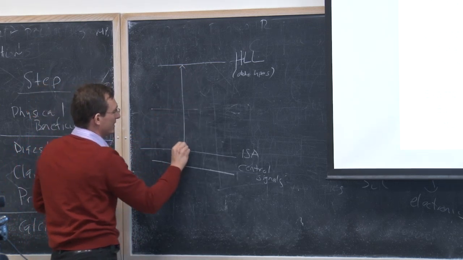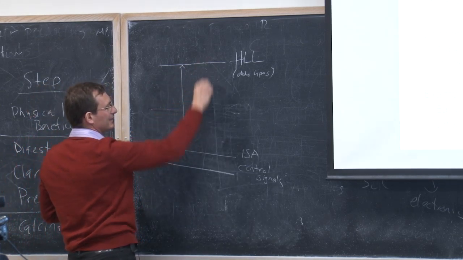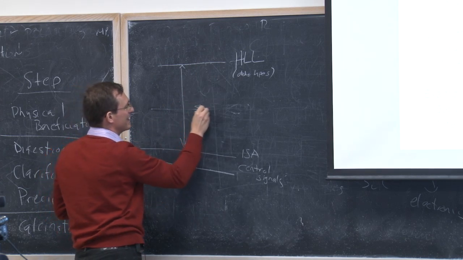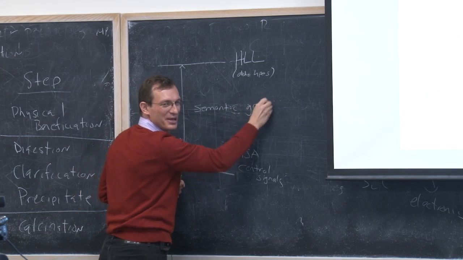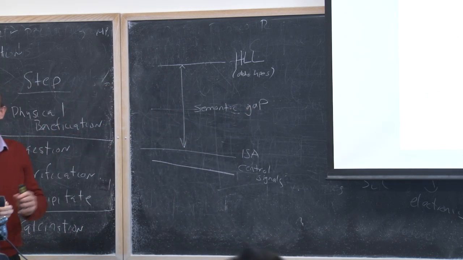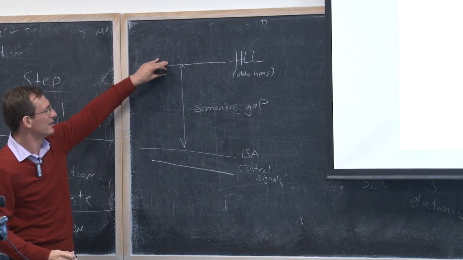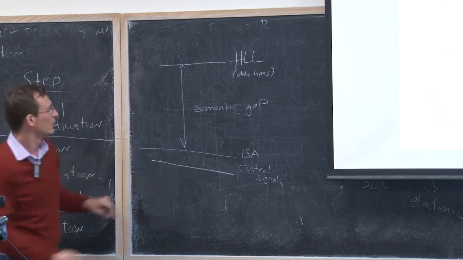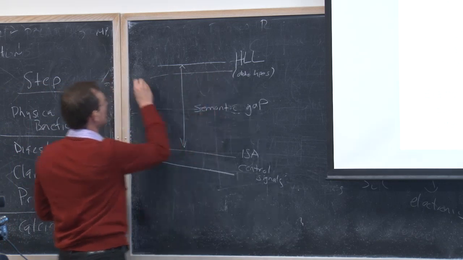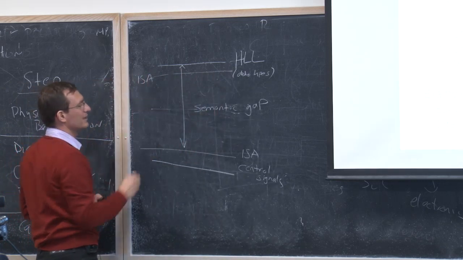The distance between the high-level language and the ISA is the semantic gap. Now, it's a fuzzy definition because how do you measure this thing, right? You cannot measure it. But we can think of it as a large semantic gap, which means the ISA is very low level, close to the control signals, or a small semantic gap, which means the ISA is very high level.